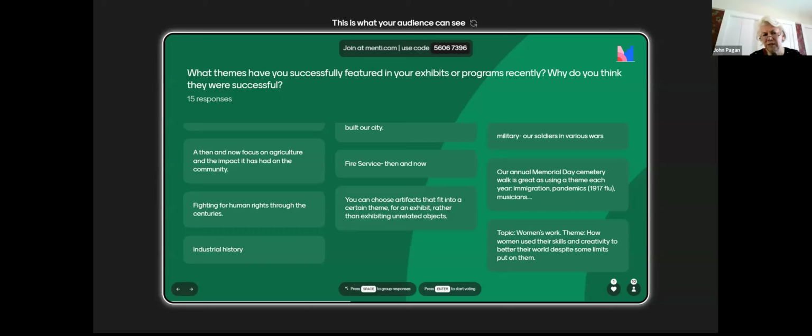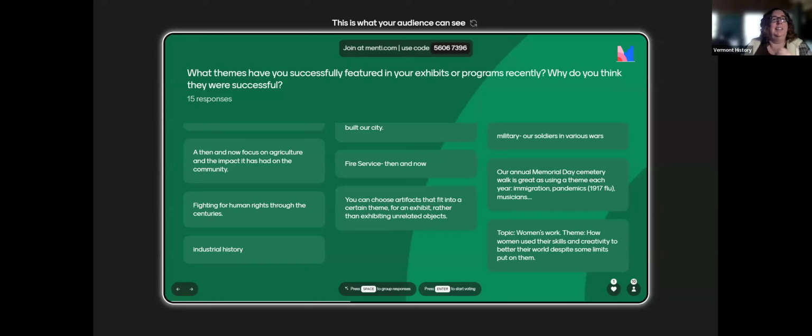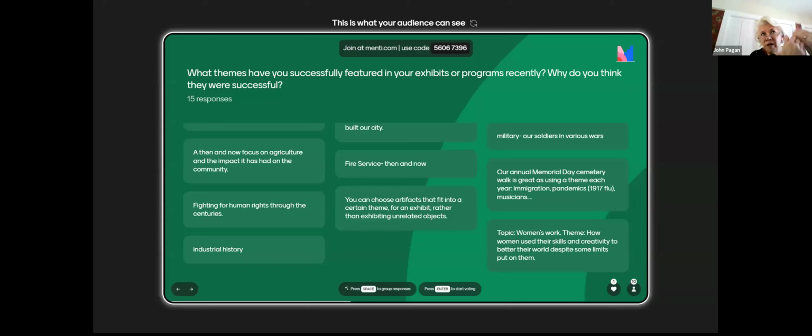Is that a good example? Yeah, that's how I understand the difference between a theme and a topic. The theme would be that things continue and yet they change at the same time. The quilt making is a good example of a topic that fits into that kind of theme.